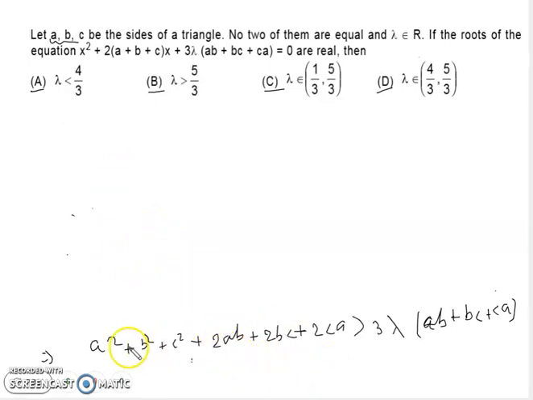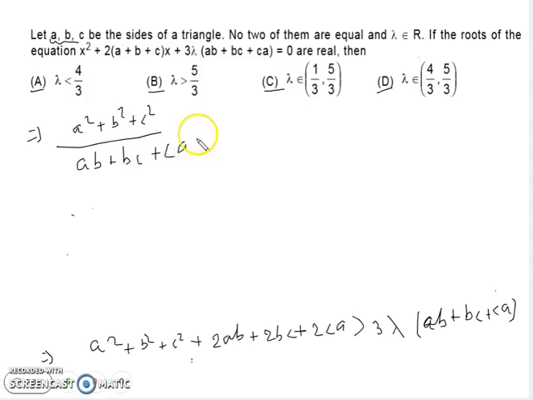So after this we can send all this term ab plus bc plus ca into this side, guys, and we can write directly (a square plus b square plus c square) divided by (ab plus bc plus ca), right?